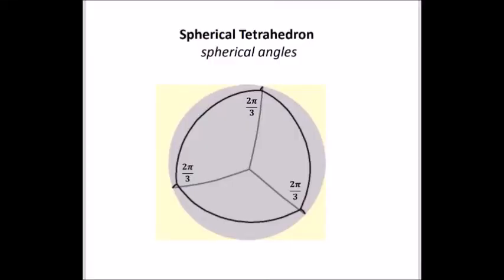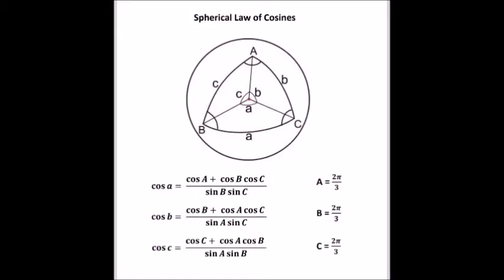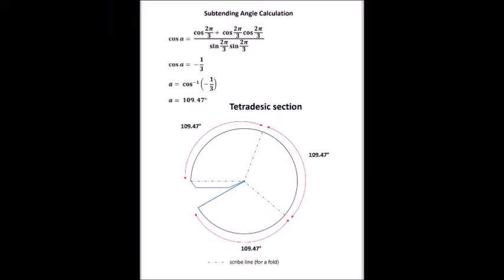Now let's look at the spherical tetrahedron, of which we know the spherical angles are 2 pi over 3, as seen here. We now take the values for the spherical angles and substitute them into the following formula. And since all the spherical angles are equal, we only need to solve one of them to compute the subtended angles.